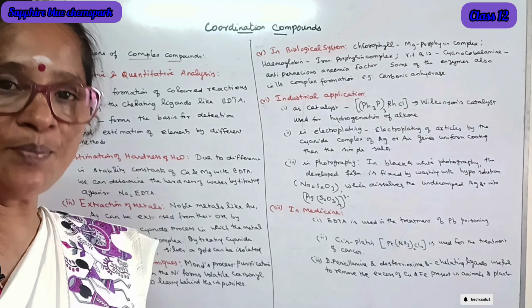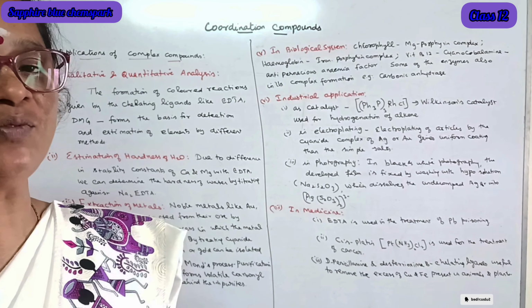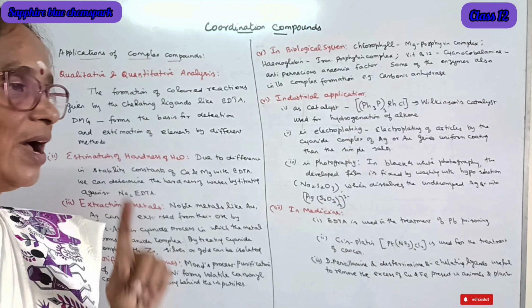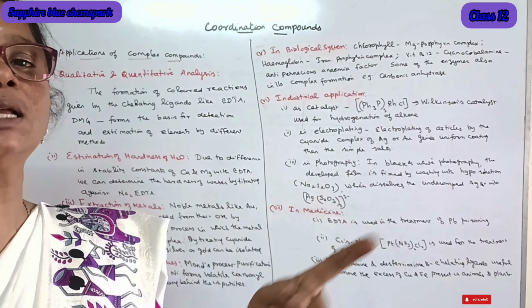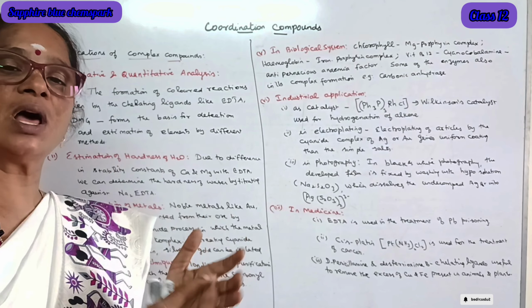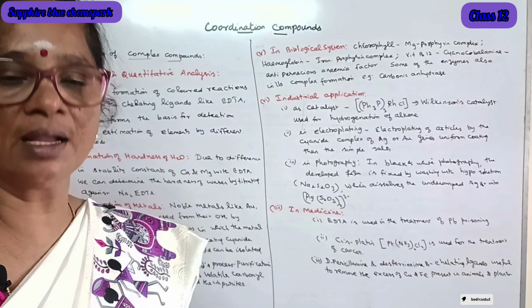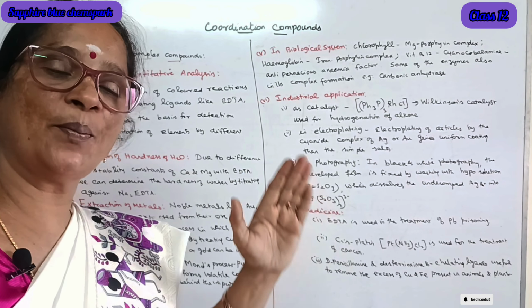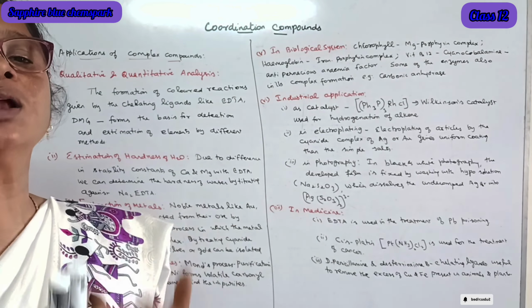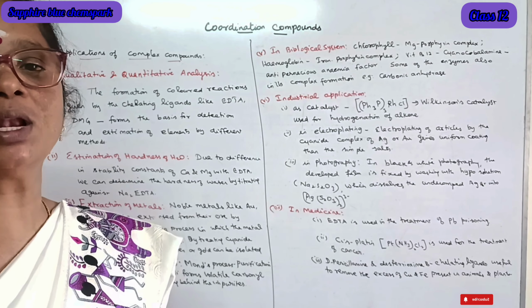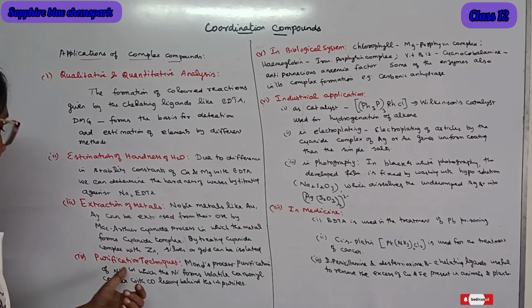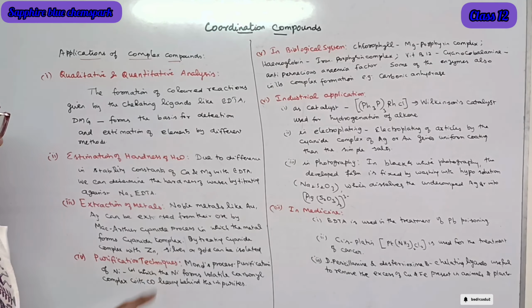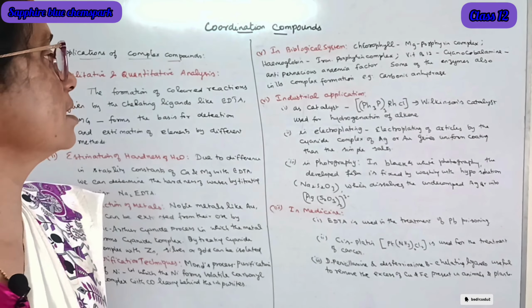Those can be removed by treating with carbon monoxide, where it forms nickel tetracarbonyl, a volatile compound. This volatile compound, on heating, gives only the pure nickel, and all the insoluble and less volatile substances are left behind. So complex compounds are useful in purification techniques also.